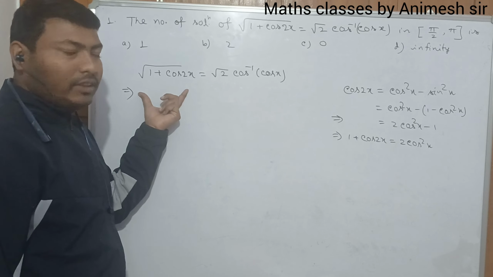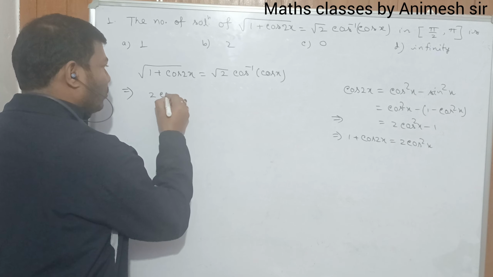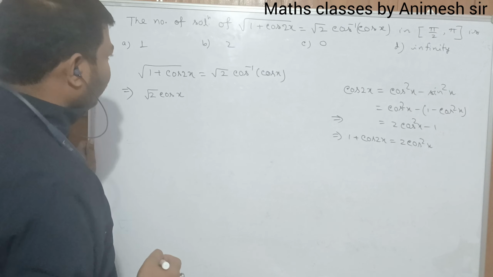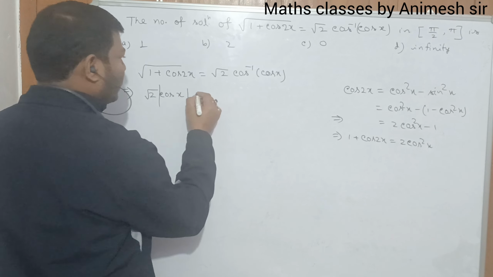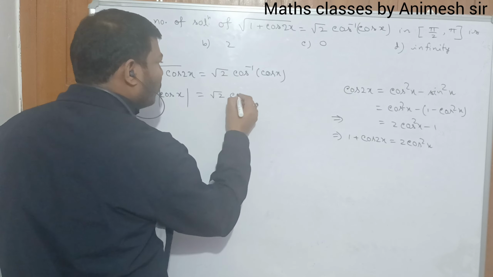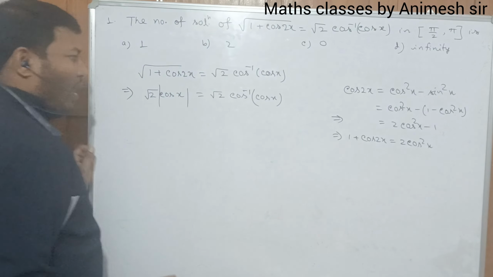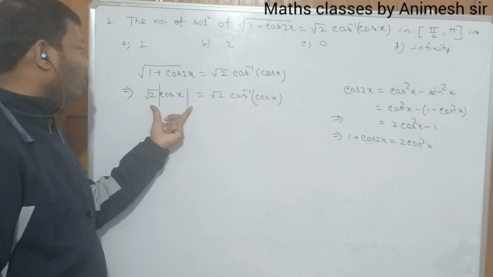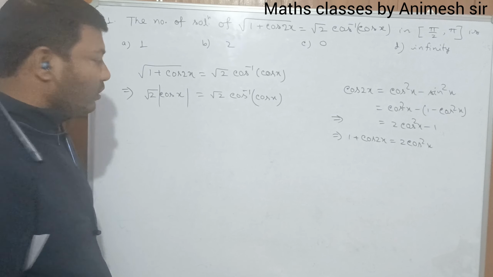So we are replacing the value. Since we are taking the square root, this will be root 2 mod of cos x equals root 2 cos inverse cos x.